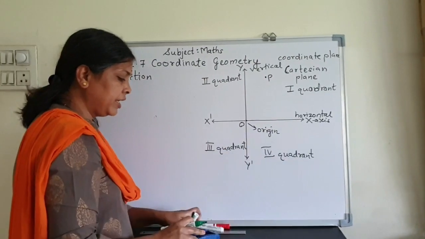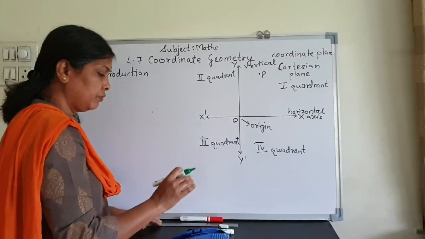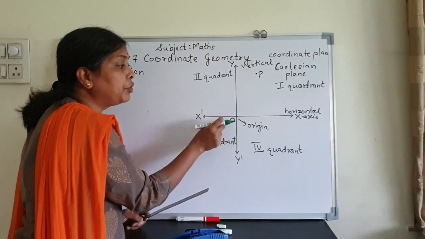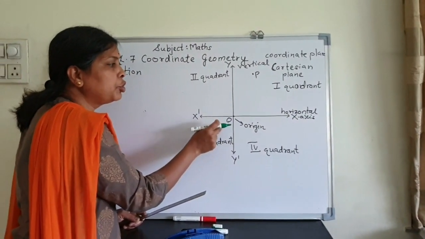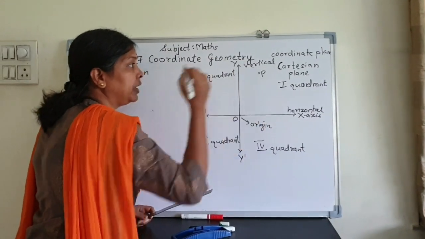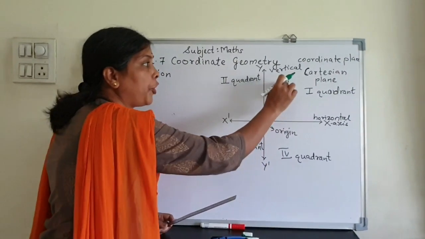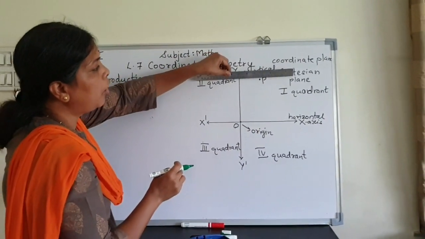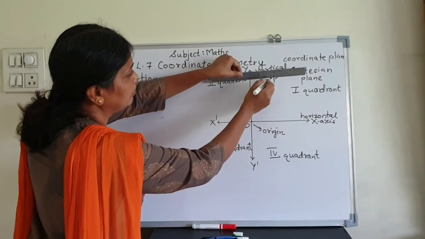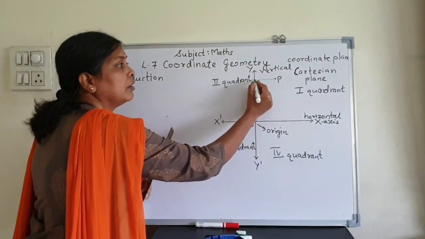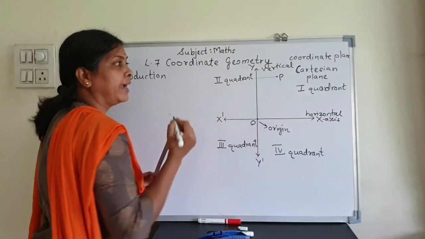Now for this, you have to relate this point with the fixed point, the origin. And how are you going to relate? You cannot draw a diagonal line from point O to point P. What you are doing is simply drawing a horizontal line which intersects the y-axis here.